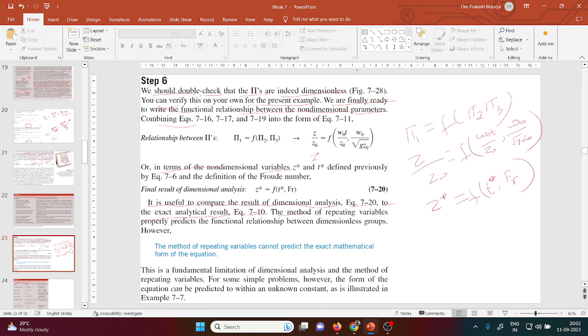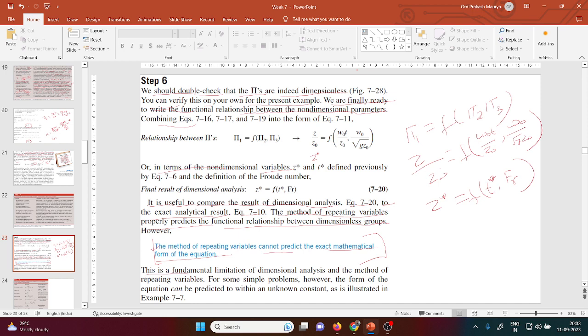Equation 10, the method of repeating variables, can predict the functional relationship between the dimensionless groups. However, the method of repeating variables cannot predict the exact mathematical form of the equation.